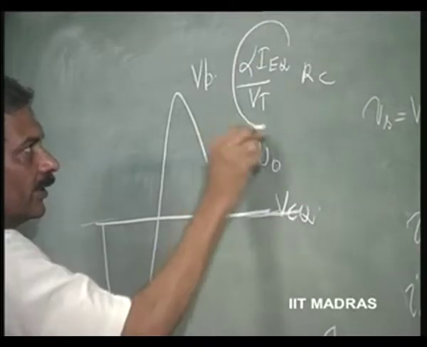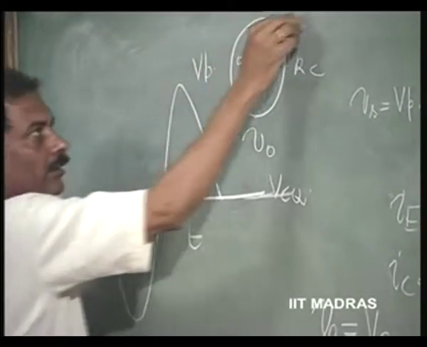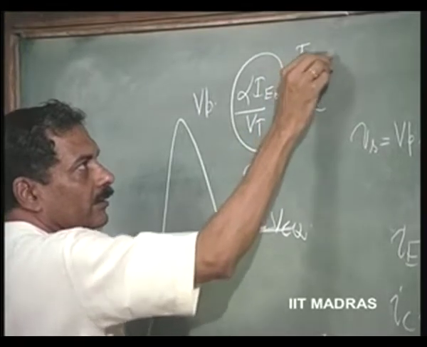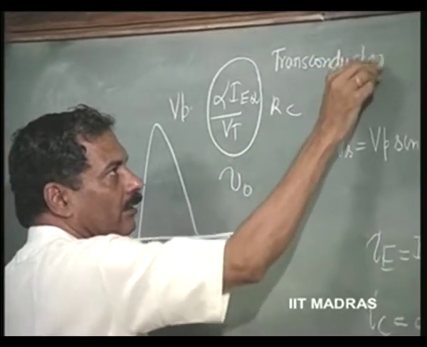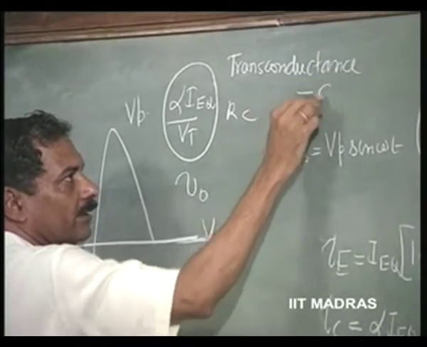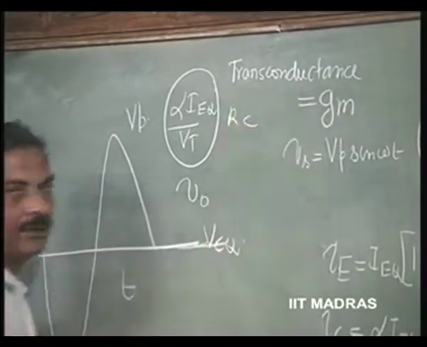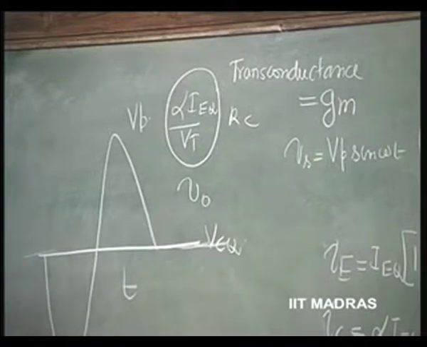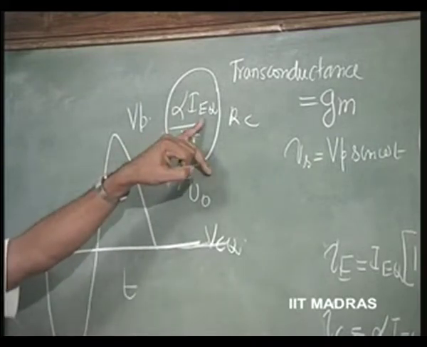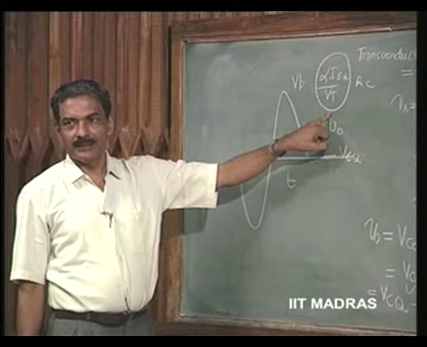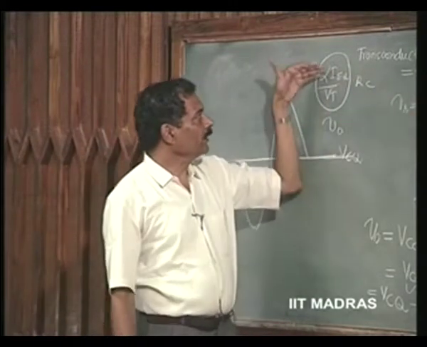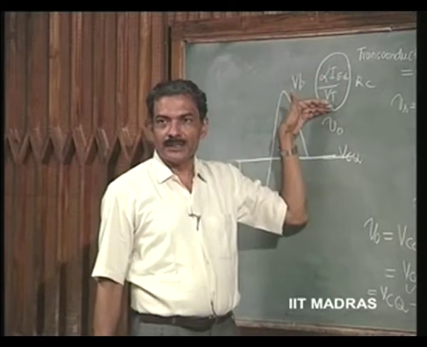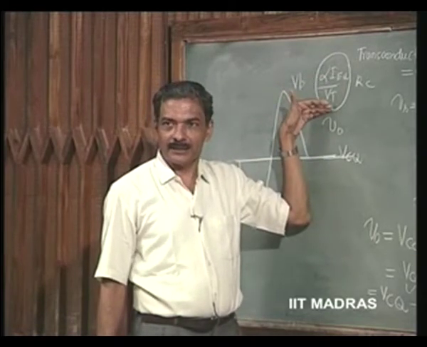This is called the transconductance of the transistor, defined as Gm. Alpha IEQ by Vt is defined as Gm, transconductance. It is current divided by voltage, that is why it is called conductance.